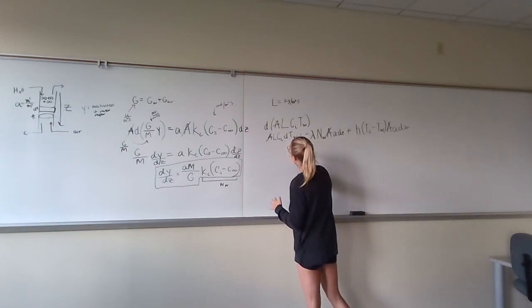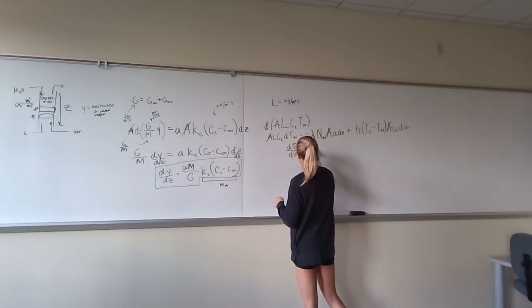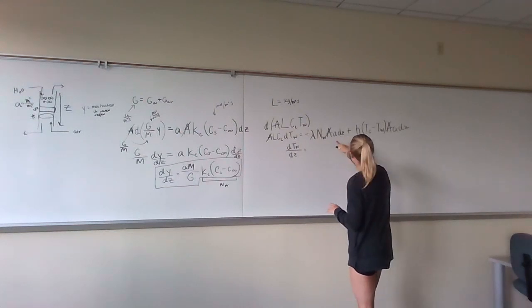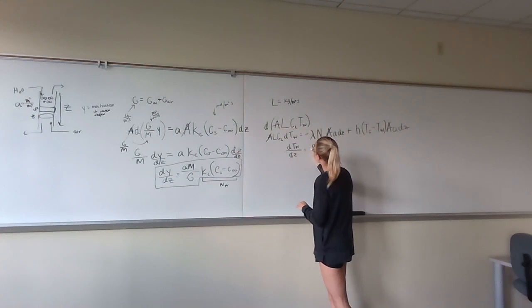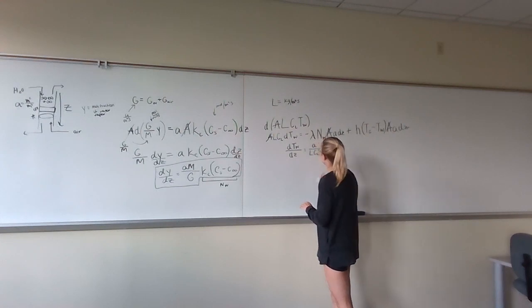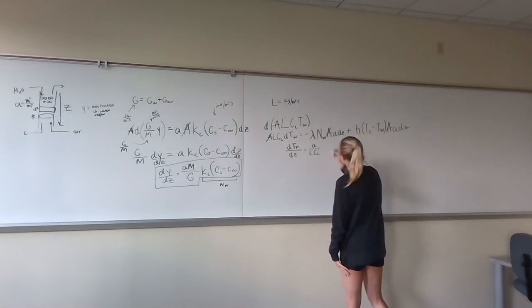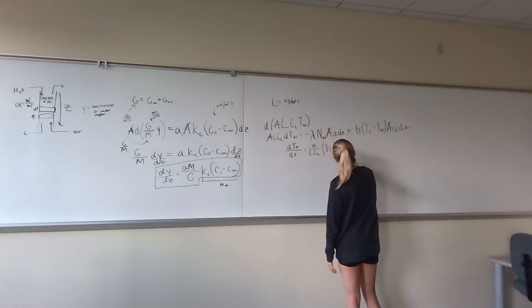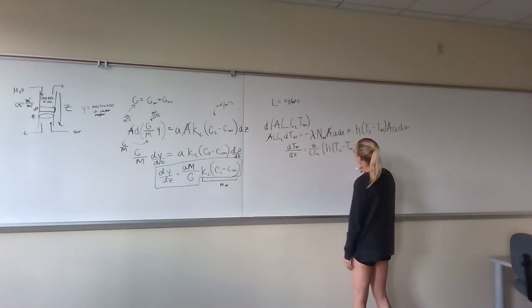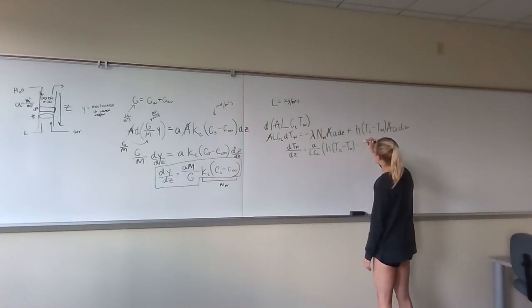So we have the change in the temperature of water with respect to position is equal to, the A factors out, so we have the specific area divided by the liquid flow rate times the heat capacity of the water, times the heat transfer coefficient times the temperature driving force, minus the heat of vaporization times the molar flux of water.